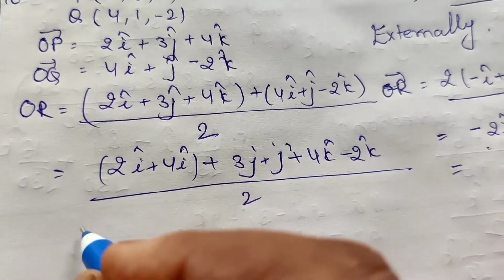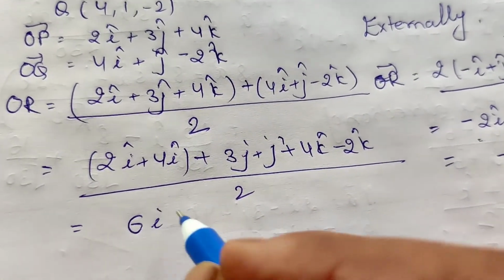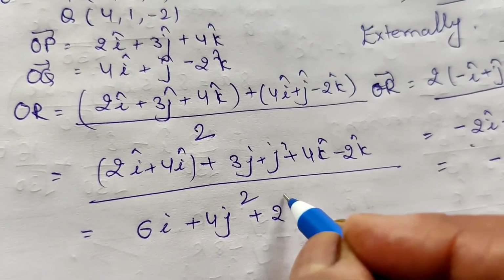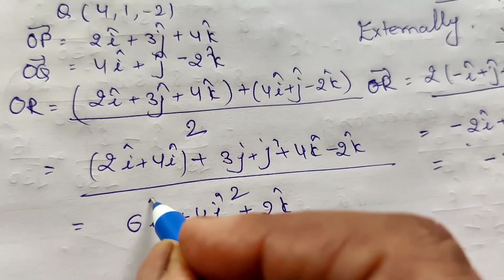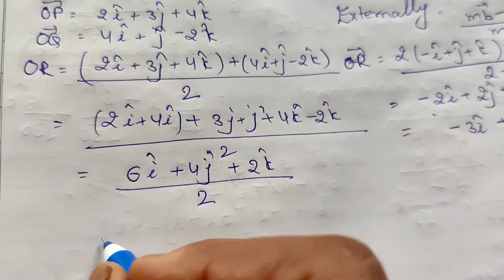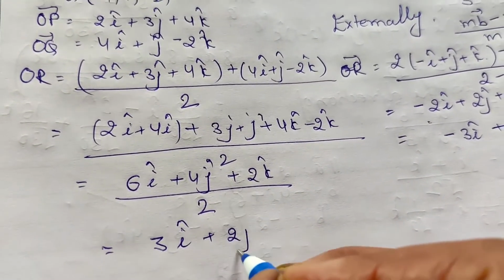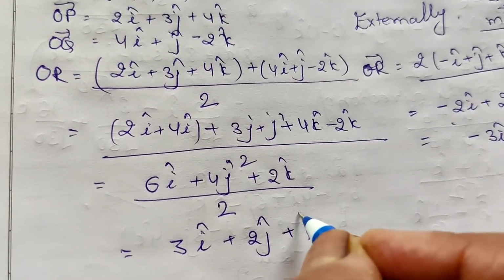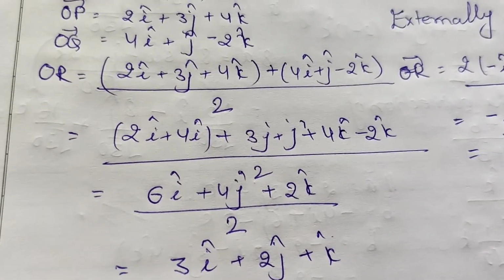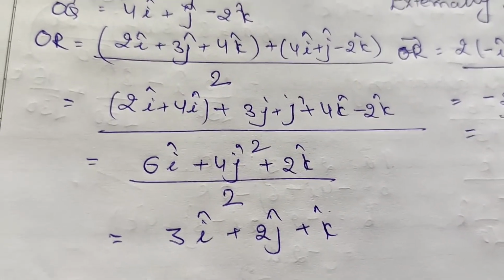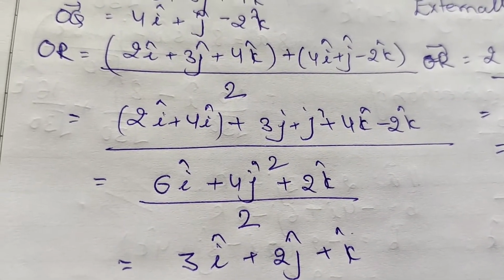It is 6i plus 4j plus 2k divided by 2. It means 3i plus 2j plus k. This is the midpoint vector. So the position vector of the midpoint is 3i plus 2j plus k.